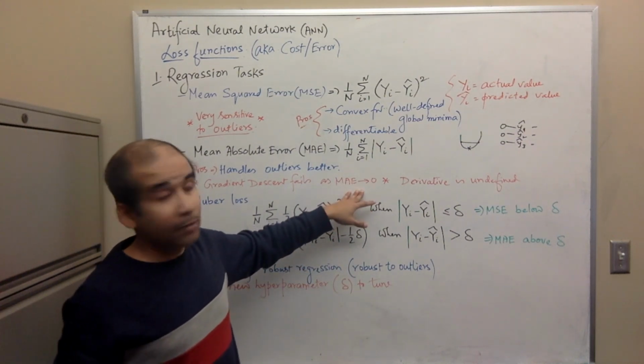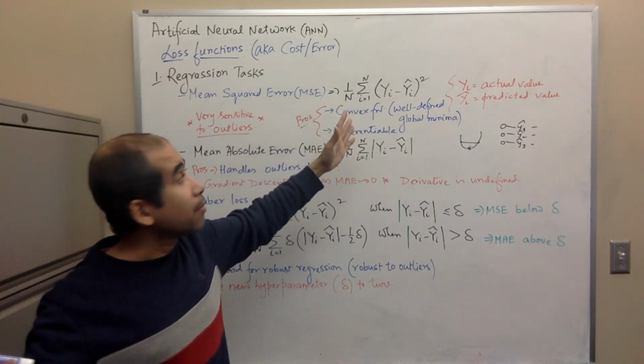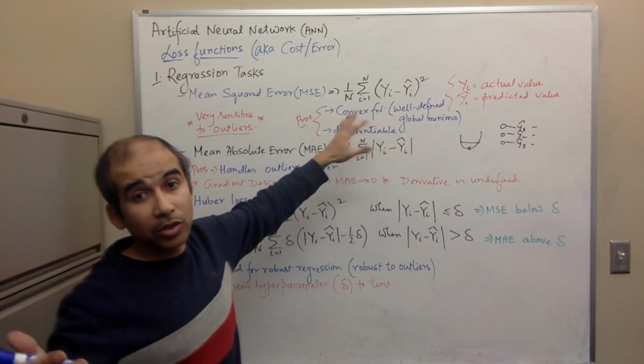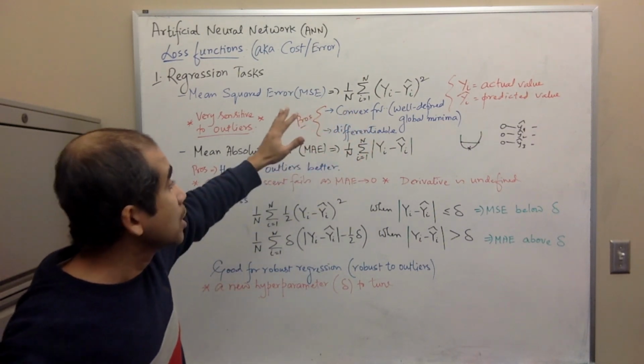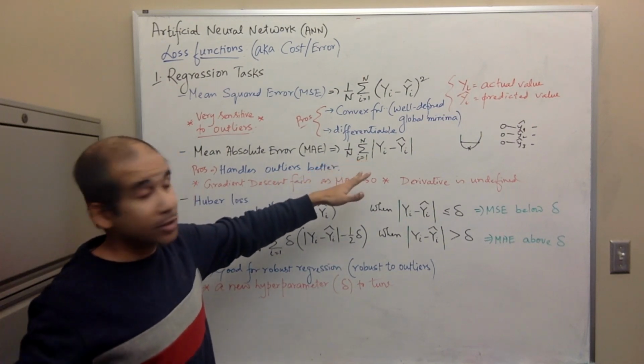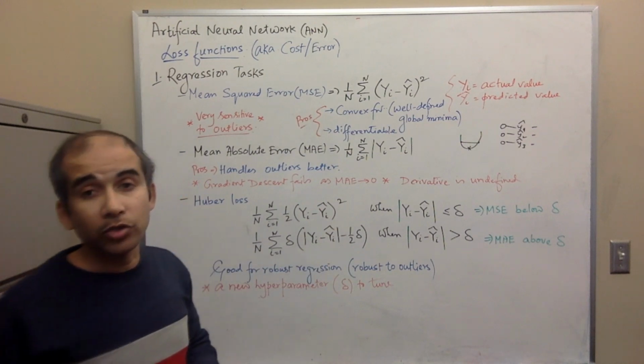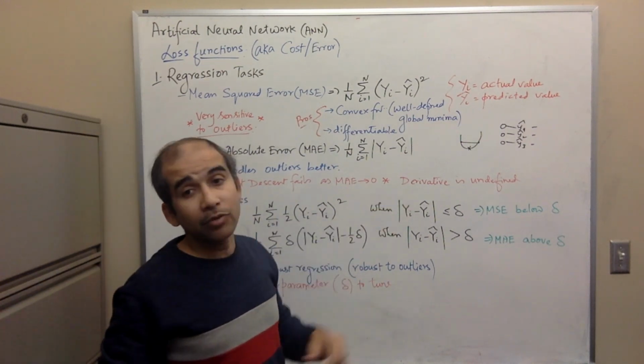That is a problem here. With MSE, the error becomes bigger, but the function is differentiable and gradient descent is applicable. With MAE, outliers are handled better because it doesn't square, but when the error is too small, it goes to 0 and then gradient descent will not work.